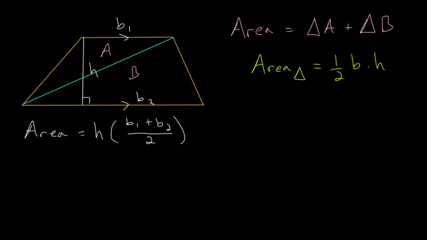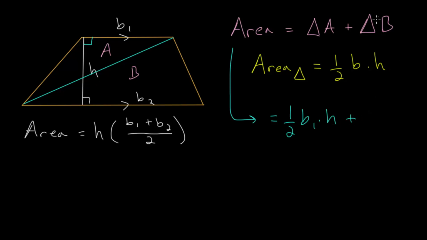So let's start computing this. For triangle A, it has a base of B1 and its height is h. Remember that the base and the height need to be perpendicular. So we'll take half of base 1 and multiply that by the height h.